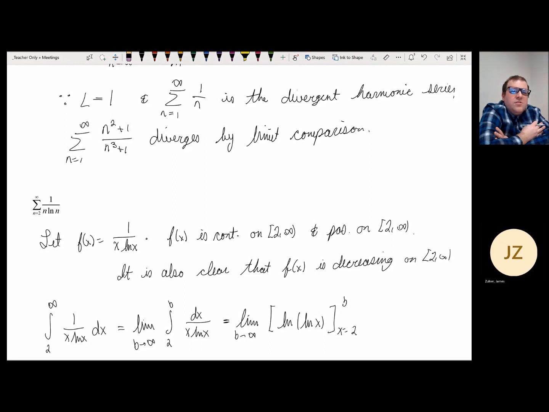Would it not leave you with 1 over log of n? Oh, I'm sorry, it's 1 over n log n. That's right, 1 over log n, which is 0. Which says if b sub n converges, then a sub n converges. b sub n is 1 over n, that does not converge. But doesn't it also say if a sub n converges, b sub n... No, that's if L is infinite.